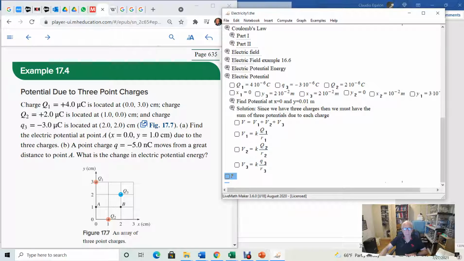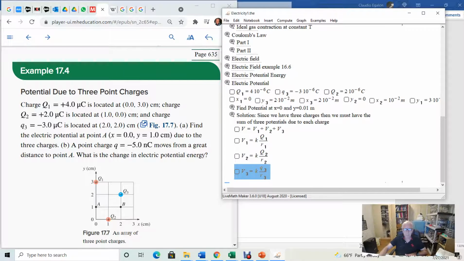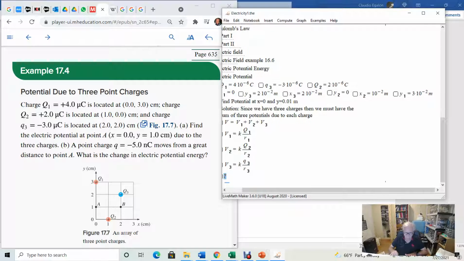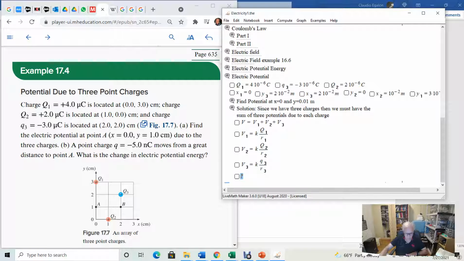Okay, R1 is easy. All you have to do is find this distance here. How do we find this distance? Here you go.